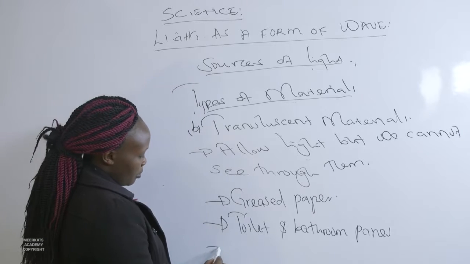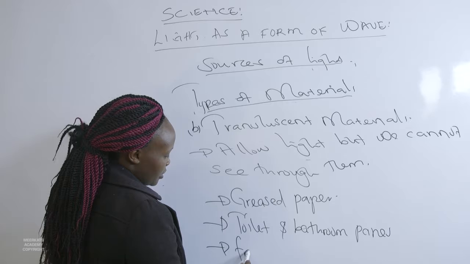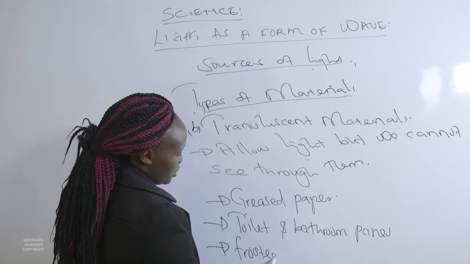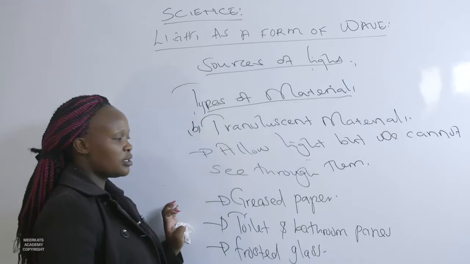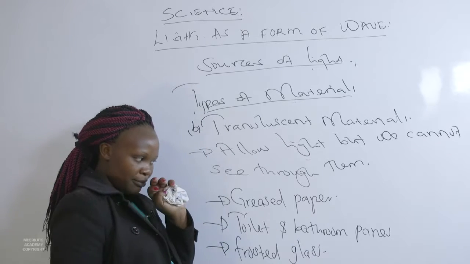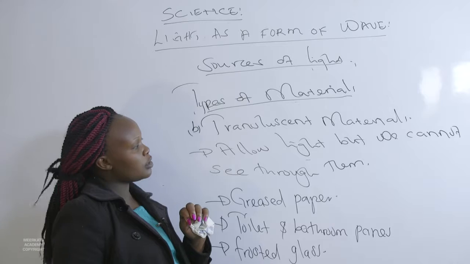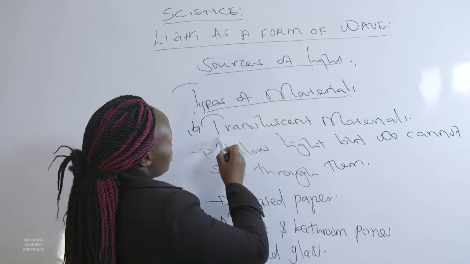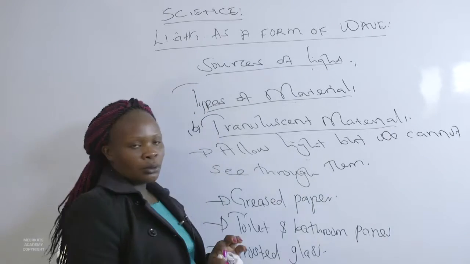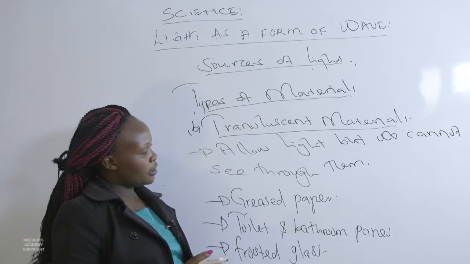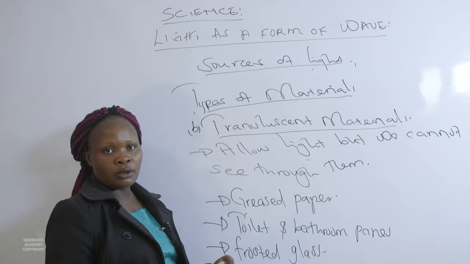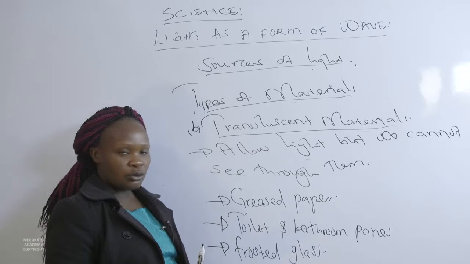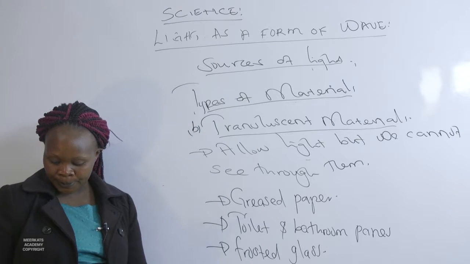You can also talk about a frosted glass. Frosted glass. These are just a few examples of translucent materials. And when we talk about a translucent material, we have agreed that it is one that will allow light to pass through it, although you can't actually see through it.